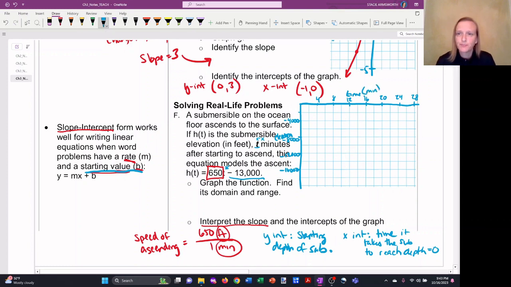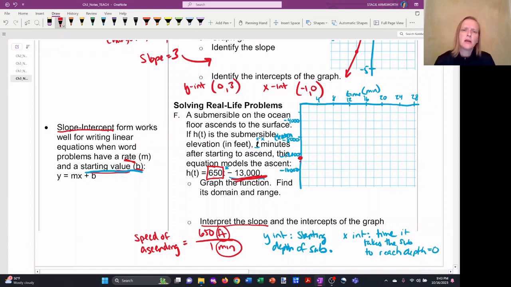Time in minutes. And just like before, we're going to start with our y-intercept. This mark between 16,000 and 12,000 is negative 14,000, and I want negative 13,000. So this is my actual y-intercept.